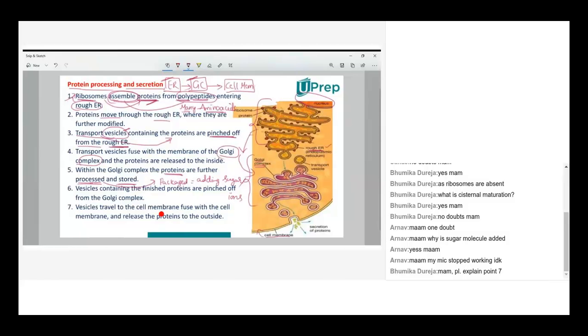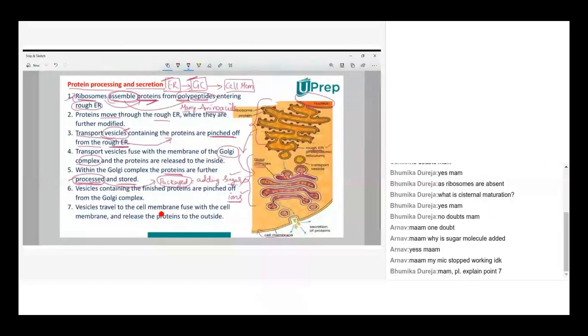So adding extra sugar or extra ion molecules to proteins is nothing but processing. In other words, we can say packaging, because some textbooks use this word also. Packing of proteins, where does it happen? In the Golgi complex. Processing of proteins, where does it happen? In the Golgi complex.